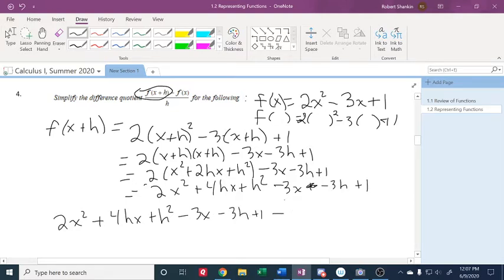Wouldn't that h squared be a 2h squared? Thank you very much. Minus, oh no, this should be the original equation.